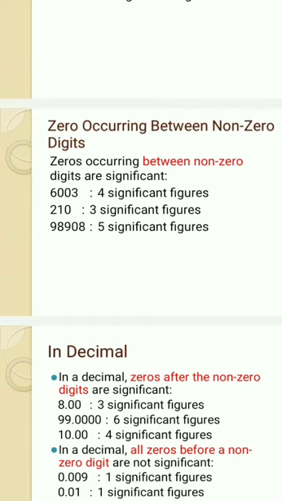Just now I asked you guys, can you see the difference between point one and point two?